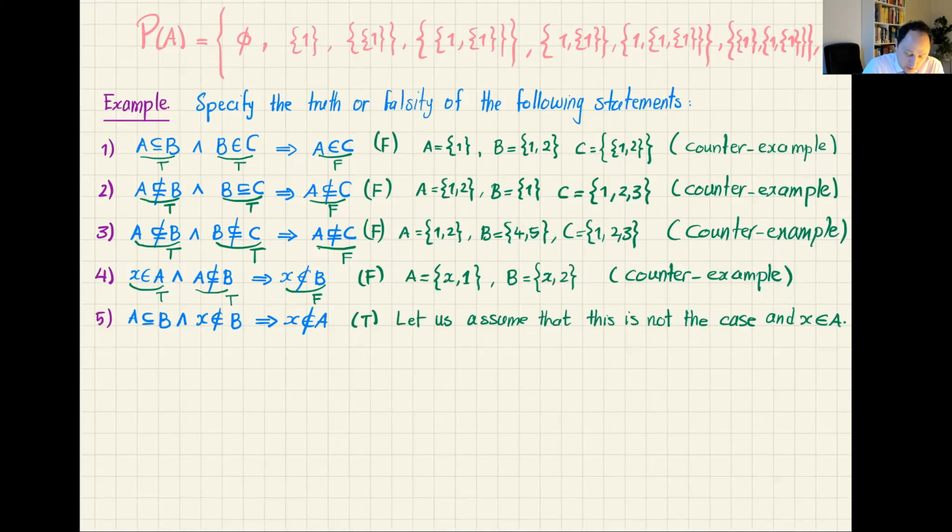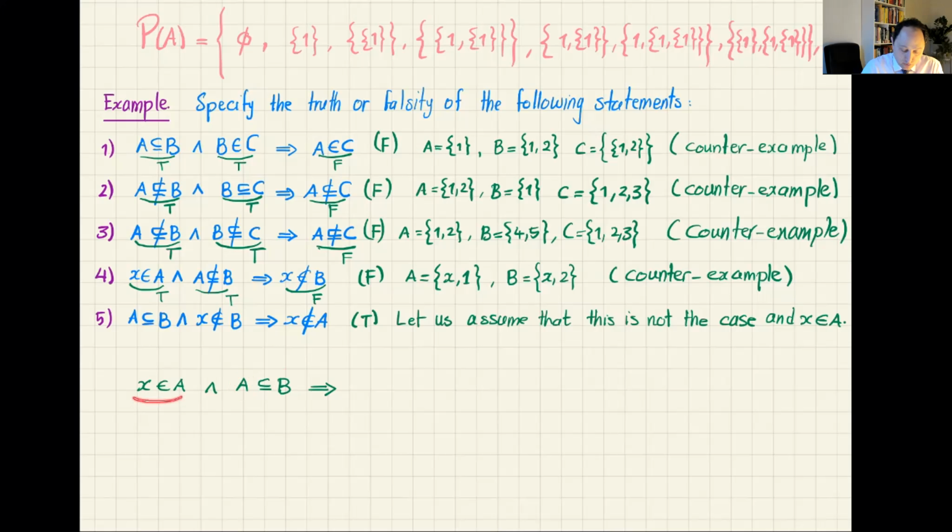Okay, now x belongs to A, and one of my assumptions is that A is a subset of B. So what is the immediate consequence based on the definition of subset? I know an element is in A. I know A is a subset of B. What is the definition of being a subset? It means that whatever is inside this set also belongs to this set.